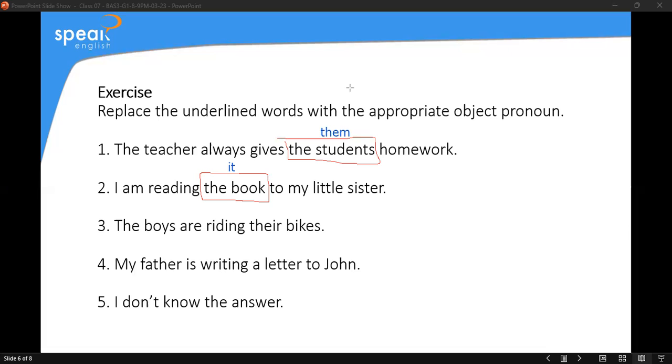The boys are riding their bikes. Okay, thank you very much. So in the sentence, what is the verb? Riding. Excellent. So what is the word that comes after the verb?